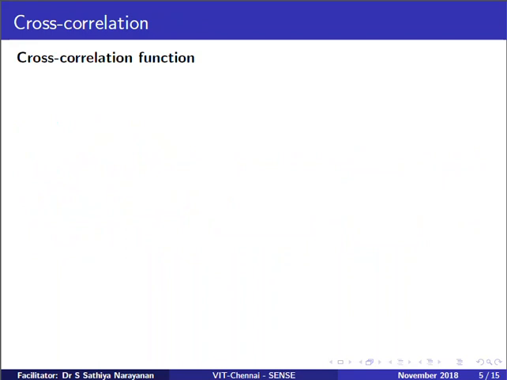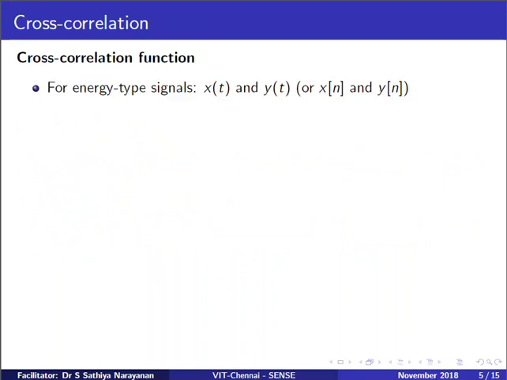First, cross correlation function. Let's see the mathematical definitions. The definitions of cross correlation vary depending on the type of the signals. For example, for energy type signals, x of t and y of t stand for continuous time energy type signals, and the x of n and y of n pair stand for the discrete time energy type signals.